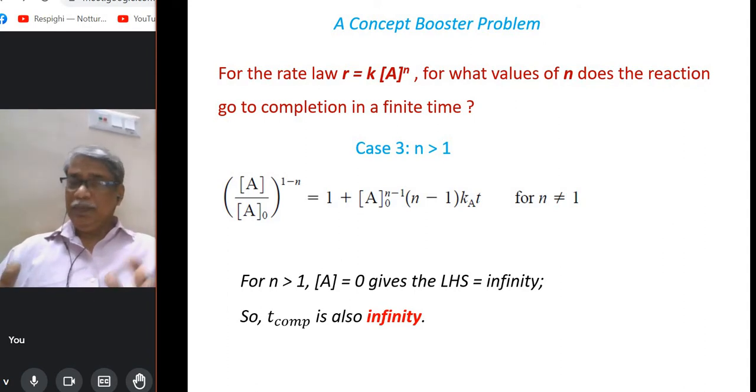So finally the left hand side becomes 1 by 0, and that is infinite or undefined, right? So the left hand side itself is infinity for A to be 0 and n greater than 1. So naturally the right hand side is also infinity, and that is possible only if t complete is infinity.